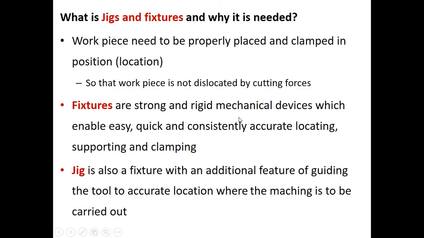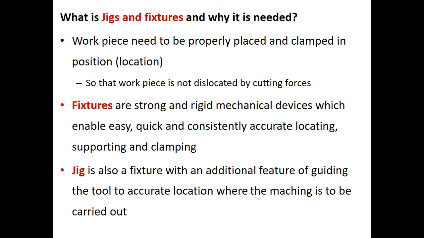So what are jigs and fixtures and why are they needed? That's my first question. For easy understanding, in order to hold the workpiece, it needs to be properly placed and clamped in position or location. Why is it needed? So that the workpiece is not dislocated by the cutting forces imparted by the cutting tools.